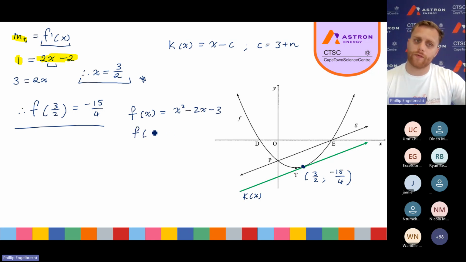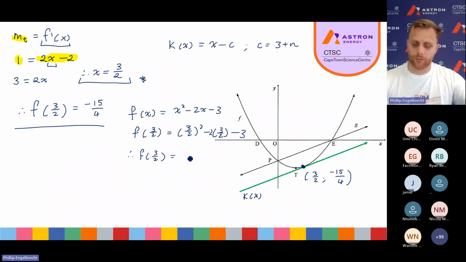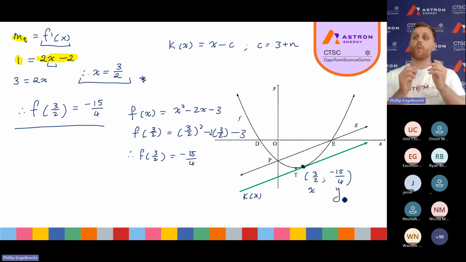So when you substitute x equal to 3 over 2, that becomes 3 over 2 squared minus 3 over 2 times 3 over 2 minus 3. And therefore, when x is equal to 3 over 2, y will become negative 15 over 4. So that's how I got my x value, and that's how I got my y value.